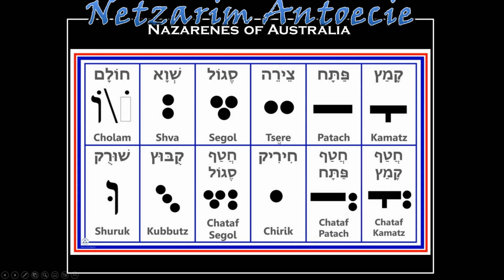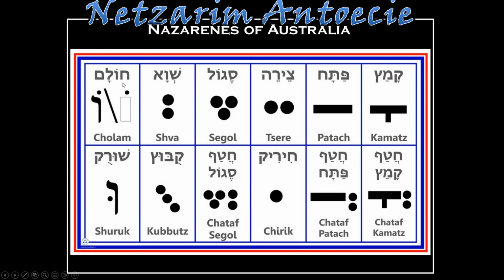Now we can hear that's a longer E sound, tzere. And then we have segol, which is a short E. Shva, now that can sometimes have an E sound if there's a dagesh in the letter, then they'll begin with that one, but where it ends, it's the break in the word telling us the syllables.